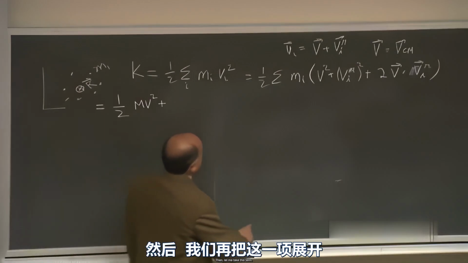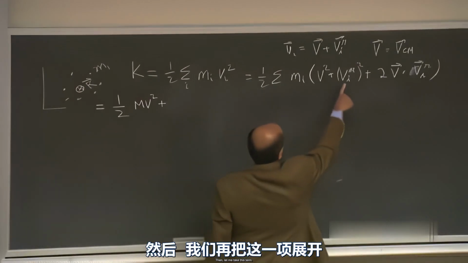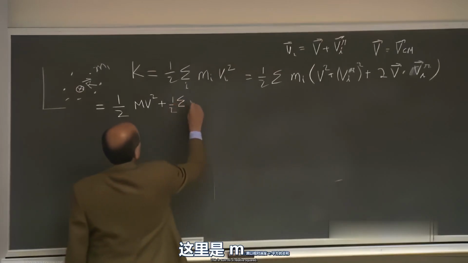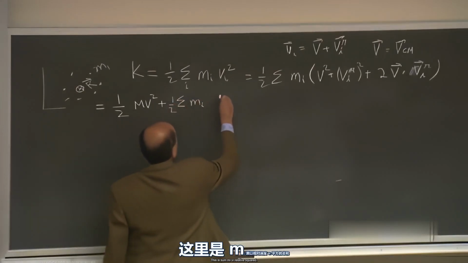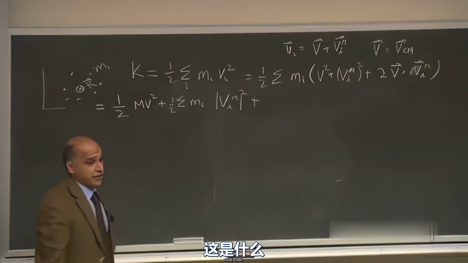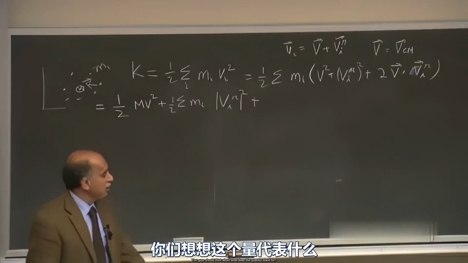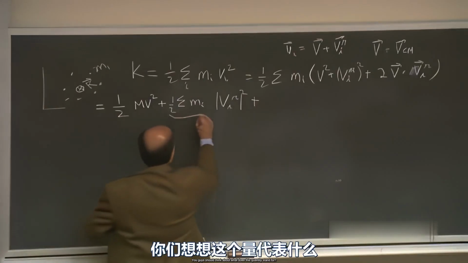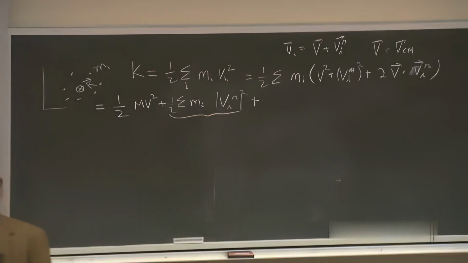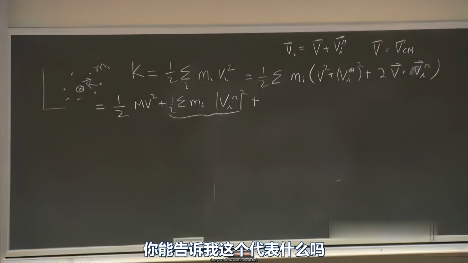Then let me take this term. This is sum mi vi relative squared. What is that? You guys should think about what this quantity stands for. Can you tell me what it stands for? Yeah.